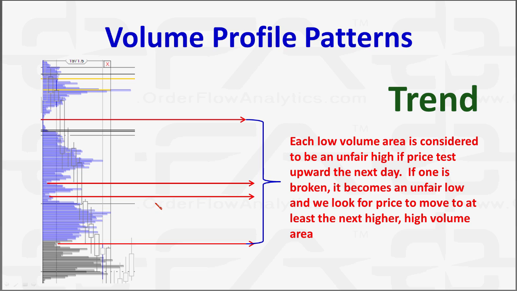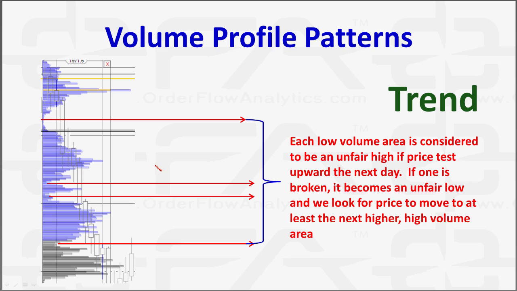If, for example, price opens up here and we start getting movement to the upside, let's say it stops right there, and it moves down. What is this telling me? It's building out this volume right here.